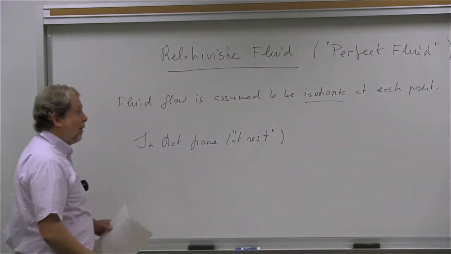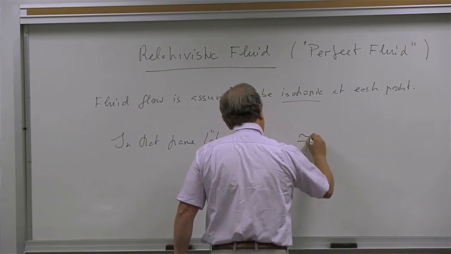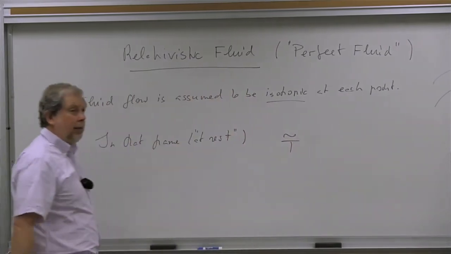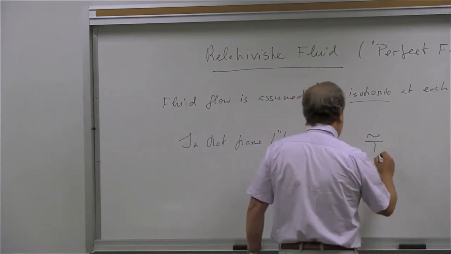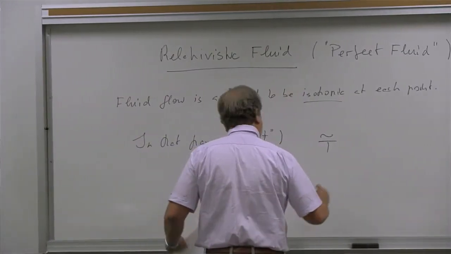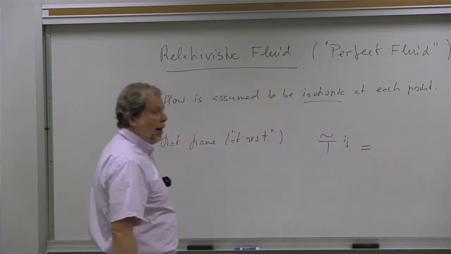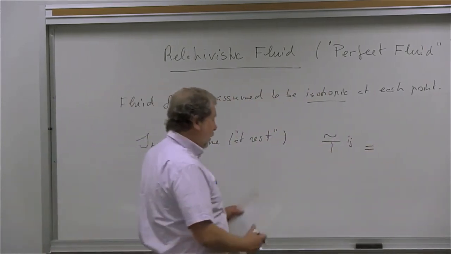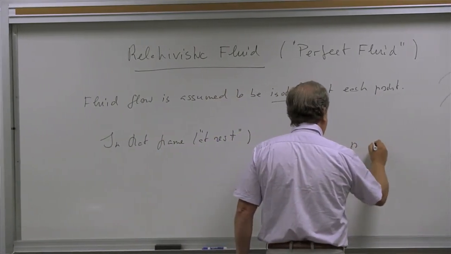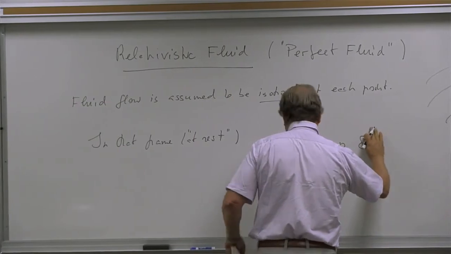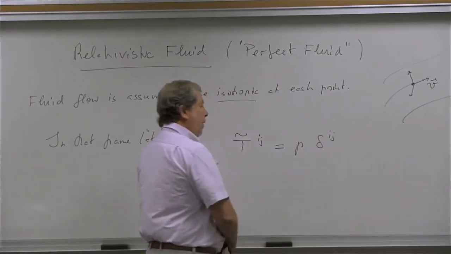we have that the energy momentum tensor has to have a very simple form. We denote by the tilde the energy momentum tensor in a frame that is at rest, so it will have components i and j. So we denote that by T tilde ij. And because it is isotropic, the only tensor that will come in at this stage is just delta ij, the Kronecker delta symbol.